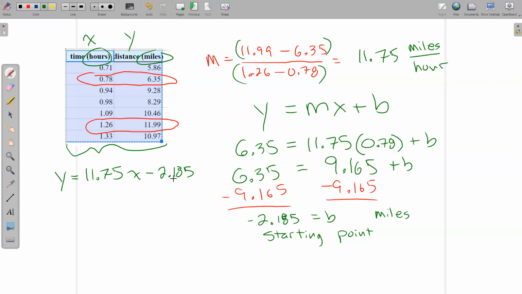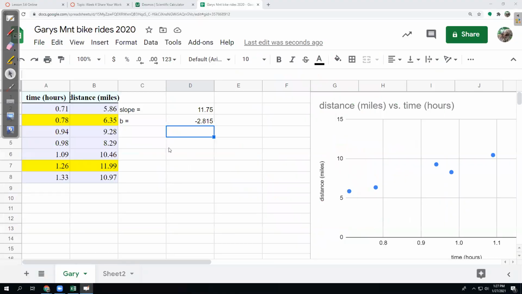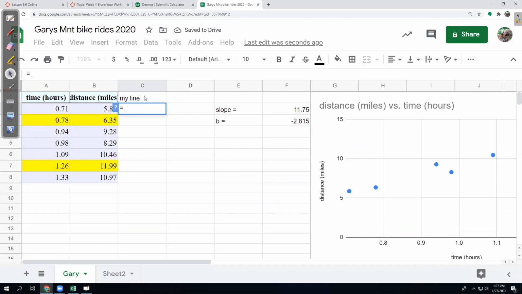So I'm just going to demo that on the spreadsheet. All right, so here's the way I can fake a line in here. I got to move this stuff out of the way. And I'm going to put a note here that I'm going to do my line here. And to do my line, I just go equals and I start typing my equation, 11.75 times, and I can't put an X here, but this column A are the X values.